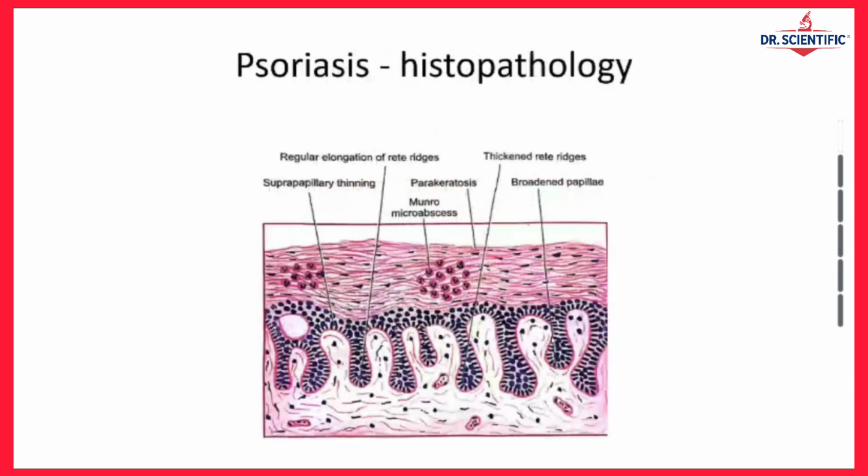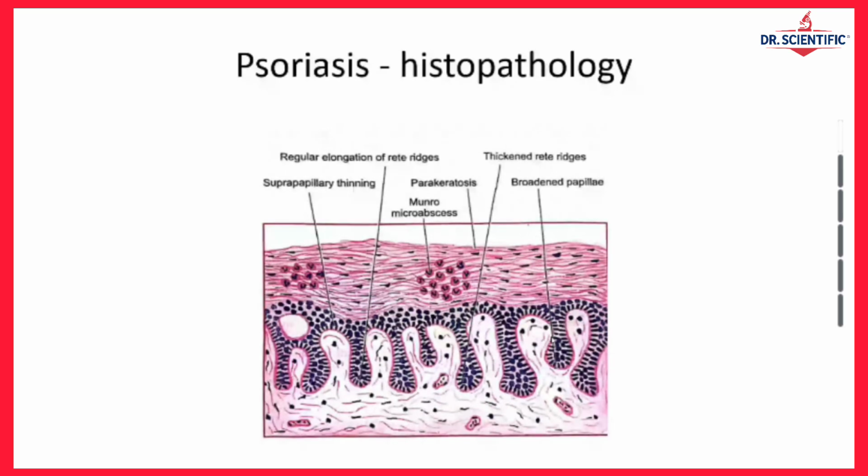Then, of course, histologically, if you were to look under the microscope, when you talk of histopathology, you're looking at histology that is abnormal. When you're looking at normal microscopic anatomy, we say histology. In this case, we're looking at what we had said: the suprapapillary epidermis becomes thinned. You can see those micro abscesses.